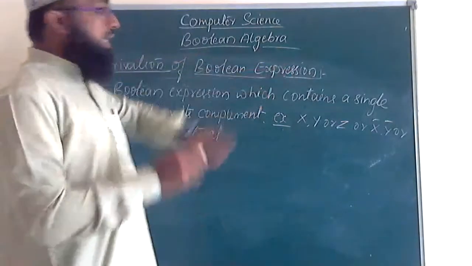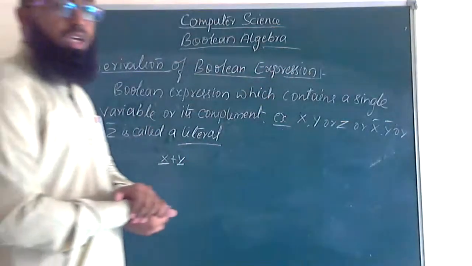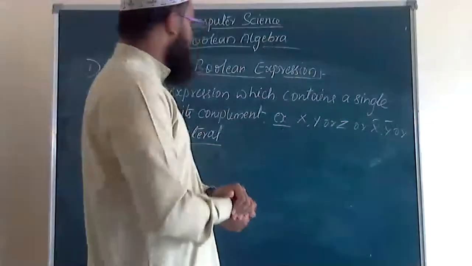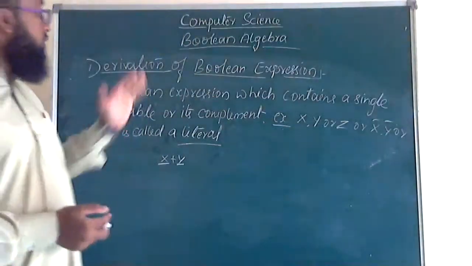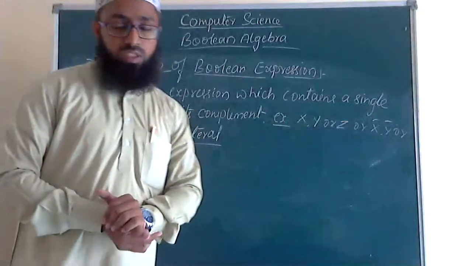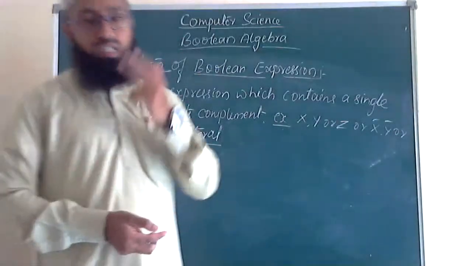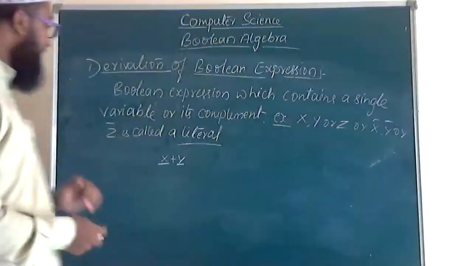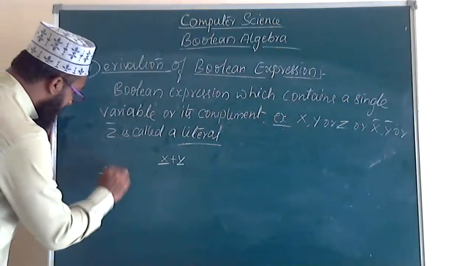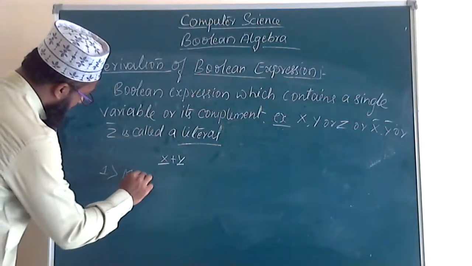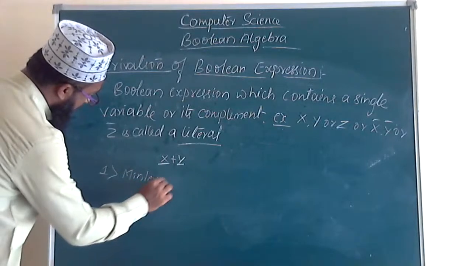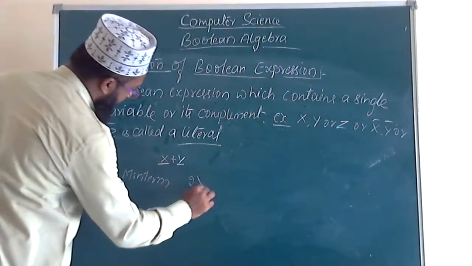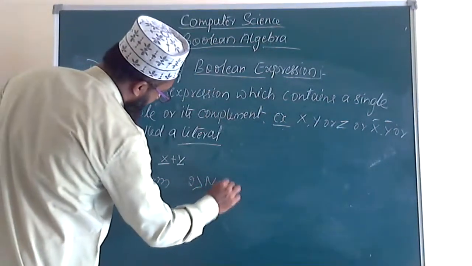Before moving to derivation of Boolean expressions, we need to discuss basically two things. The first thing is the min term, and the second one is the max term.